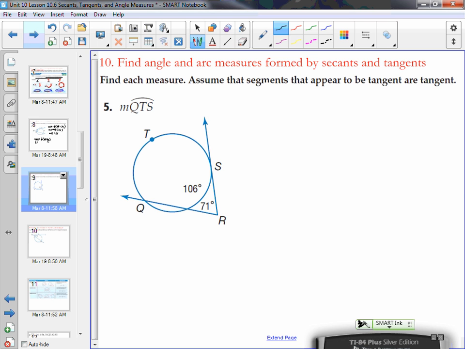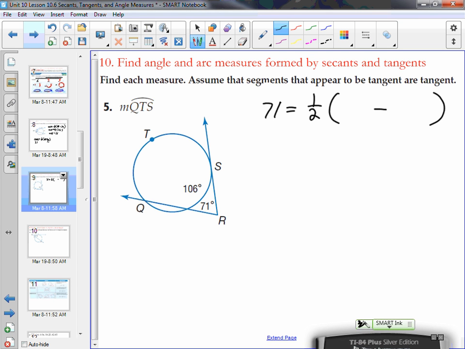Number 5. The vertex of this angle is in the exterior of the circle. In fact, it's formed by a secant and a tangent. So the measure of that angle, and instead of writing measure of angle H, I know what the measure is this time. It's 71. Equals 1/2 the difference of the intercepted arcs.